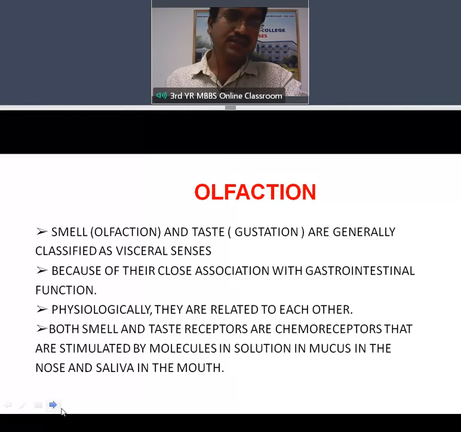So the final function of the nose is olfaction. The olfactory epithelium is lined in the upper one third of the nasal mucosa, which corresponds to the area above the superior turbinate and the corresponding area of the lateral wall and the roof of the nasal cavity.